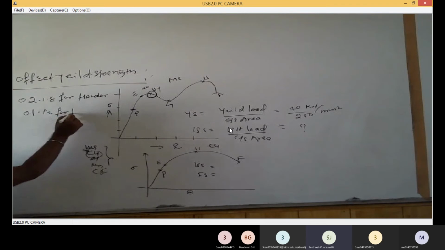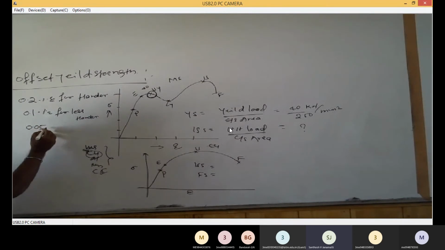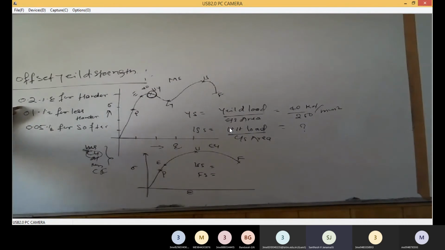If the material is very soft in nature, then you can take 0.05 percent strain value for softer material. Hope you understand. The strain values are already given.